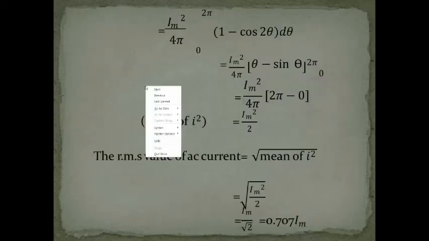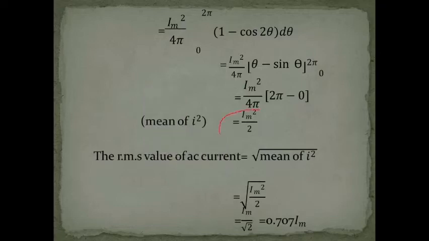We can further simplify by substituting the limits. We will get Im squared by 2. So what is the RMS value? It is the square root of the mean of i squared. Substituting this value, the square and root cancel out, giving Im by root 2, which is equivalent to 0.707 Im.